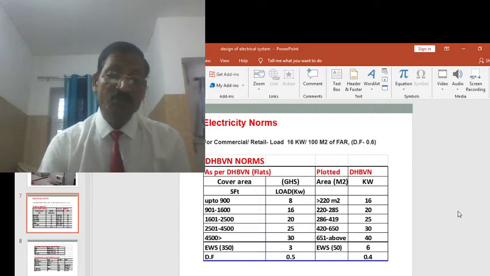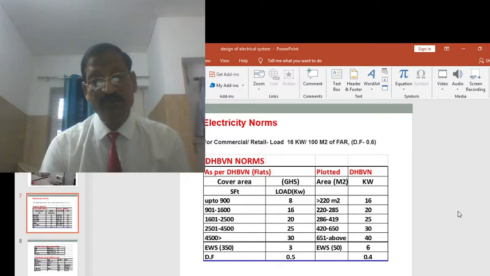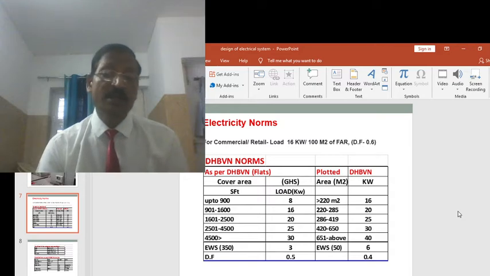Likewise, up to 4500 square feet area, the minimum load should be 30 kilowatt. For an EWS flat, that is economically weaker section, the load should be 3 kilowatt. Again, there will be a diversity of 0.5. So after calculating all the load, we can apply a diversity of 0.5.